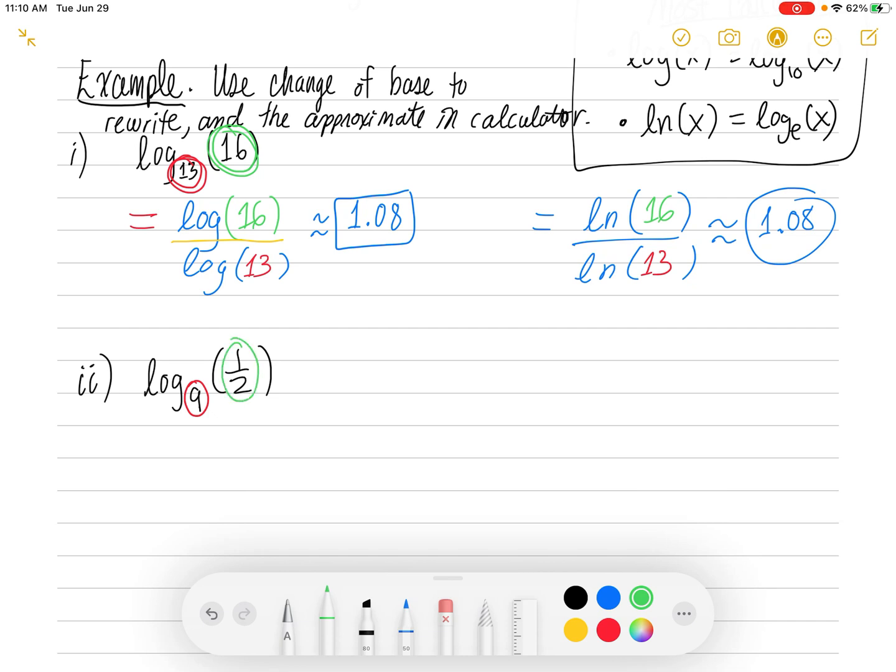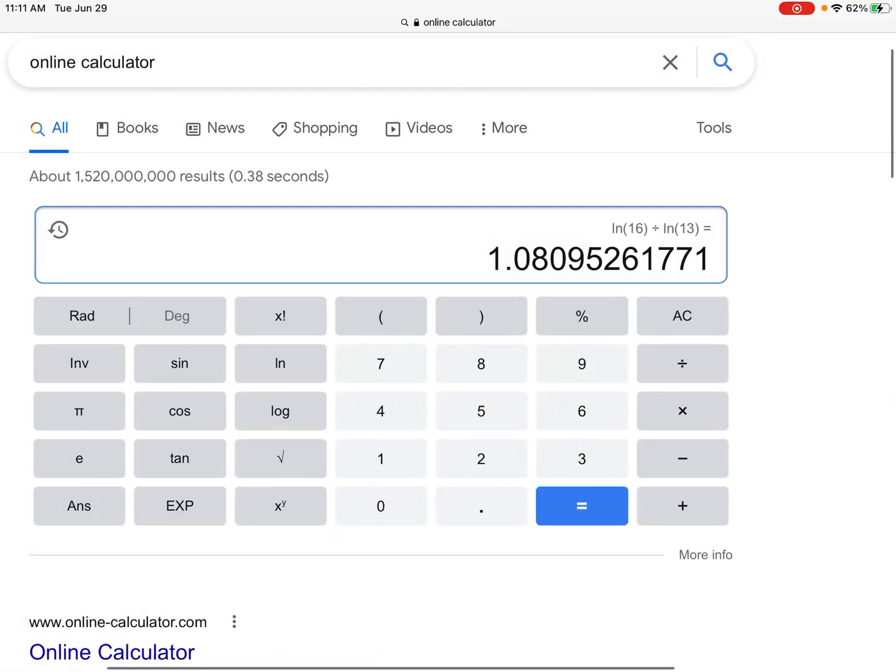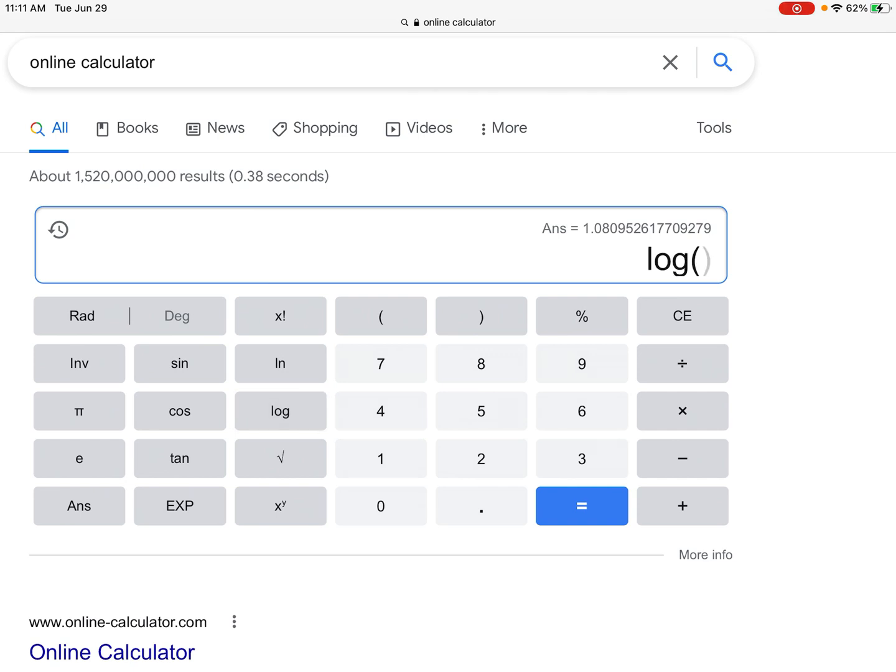Let's say I wanted to do the log base 9 of 1/2. I'm calling this bottom number my red number, that's my logarithmic base, and my argument, 1/2, is going to be green. You can change the base and write this as just ordinary log, base 10, of your initial argument divided by log of your original logarithmic base 9.